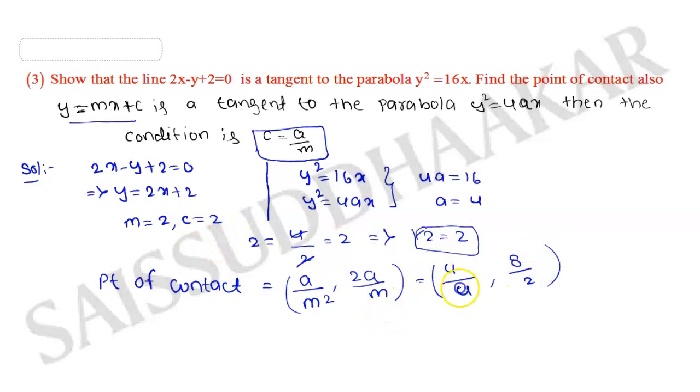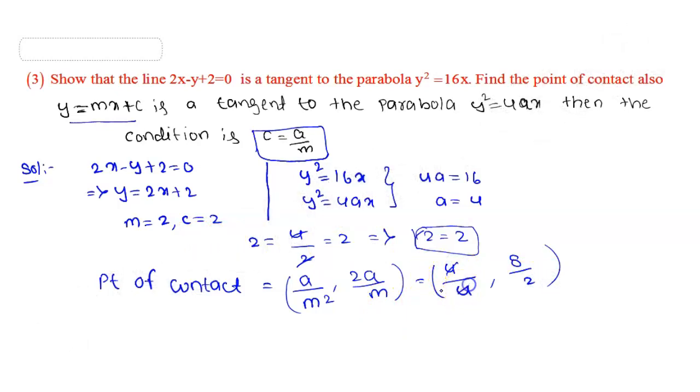By cancellation, 4 ones are 4 out, next 2 ones are 2, fours are out. So here the point is 1 comma 4. Find the point of contact also, in the sense at the point 1 comma 4 this line touches the parabola y square is equal to 16x. Okay, right.